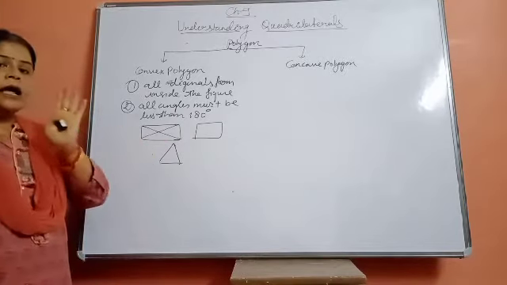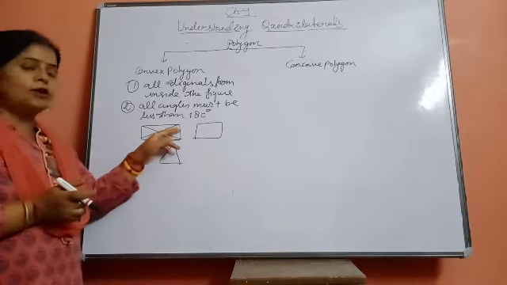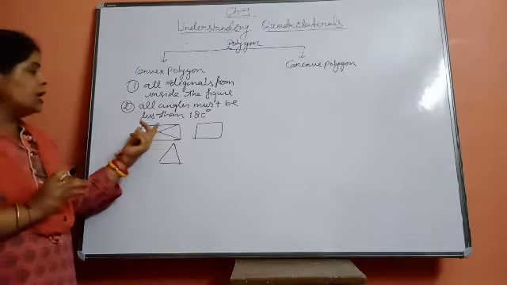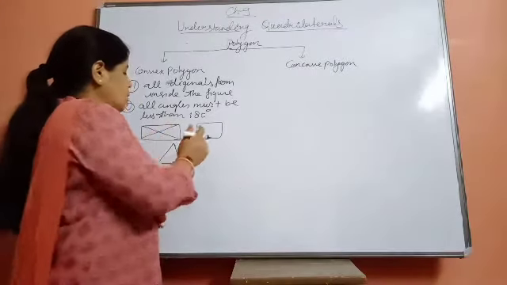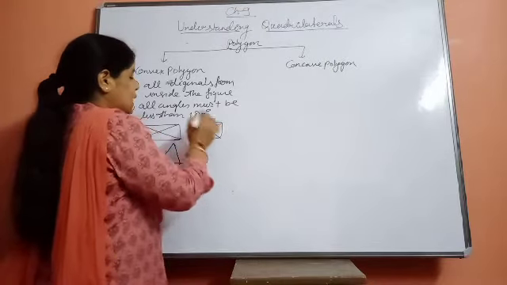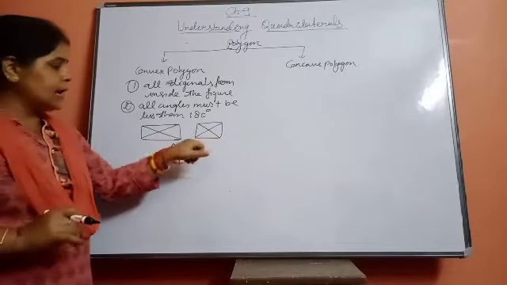Consecutive means those that are near to each other, not this and this. If we are joining the opposite vertex of any figure, then those line segments are known as the diagonals. Okay, here also if I take a square or rhombus or any figure, you can see that all the diagonals are forming inside the figure.